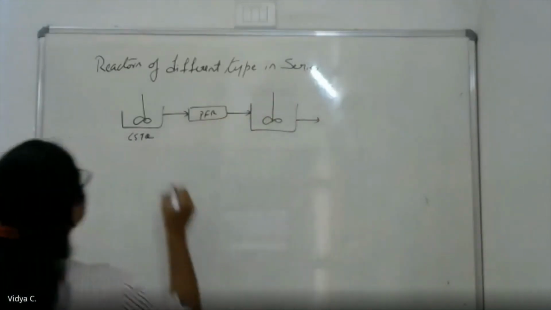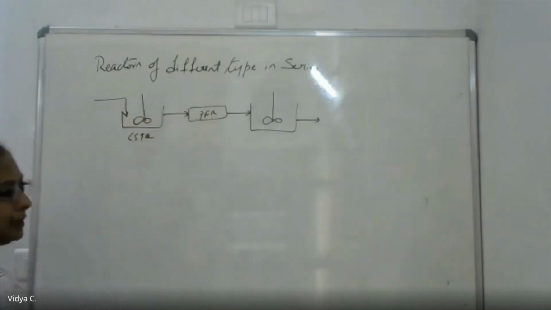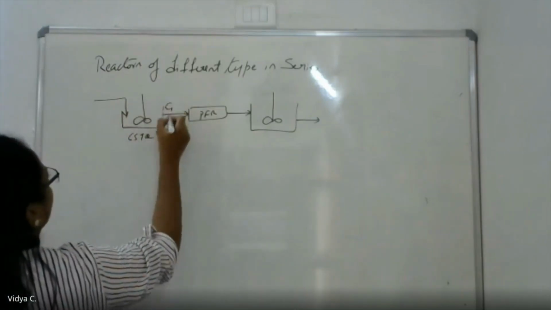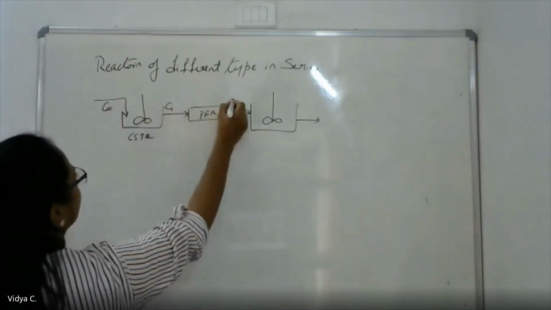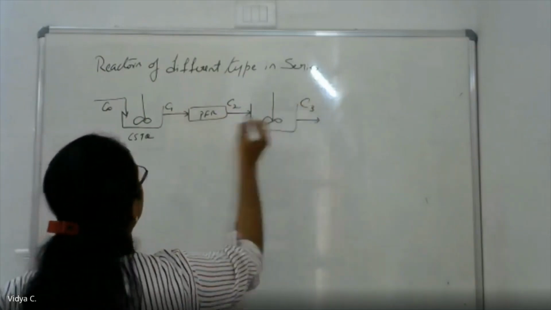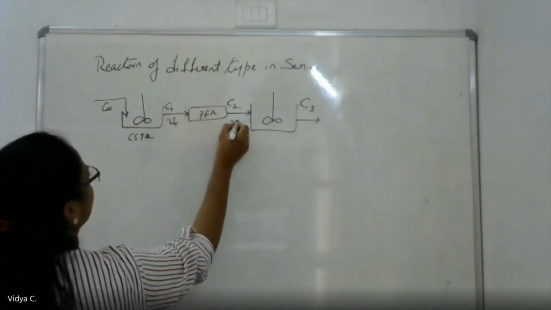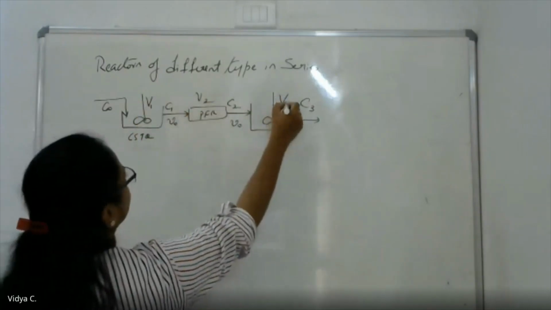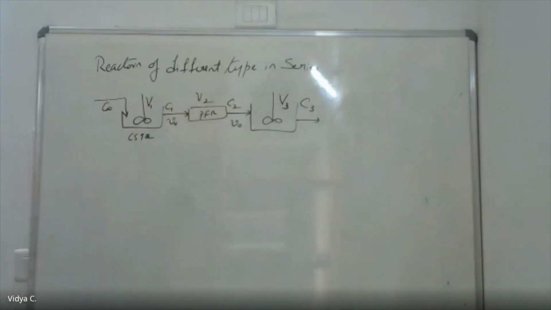Okay. So it is just a practice how we write the equations, how we find the conversions. So first one, this will be C1, C0, C2, C3. V0, V1, V2, V3.